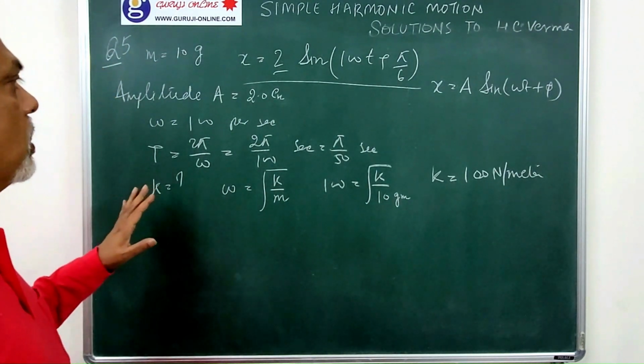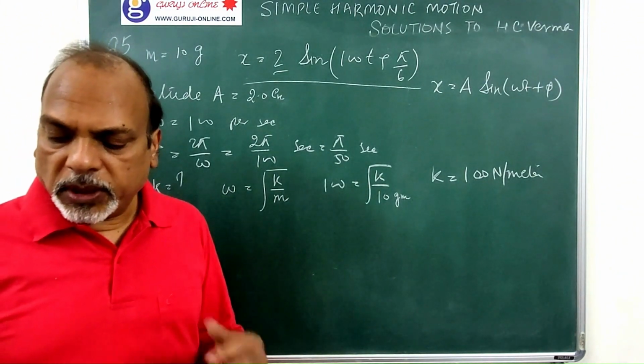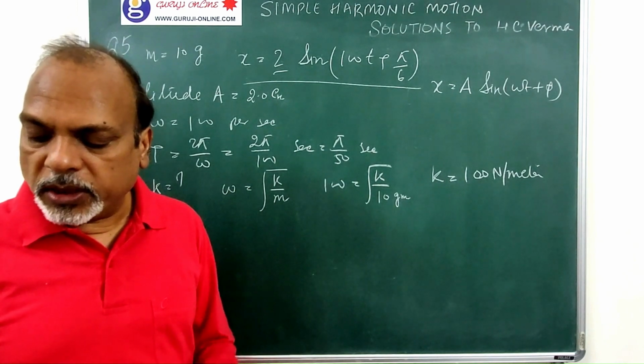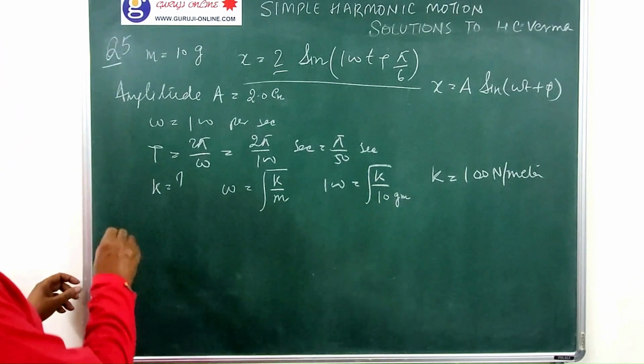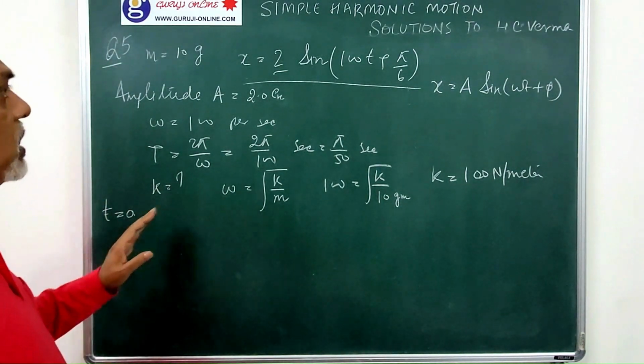Now, what is the next part? Next part is basically we have to find out the position, velocity and acceleration at t is equal to 0. So at t is equal to 0, what is the equation here?